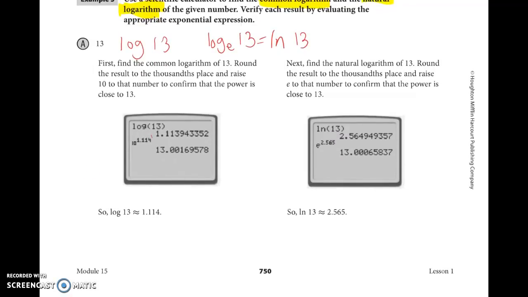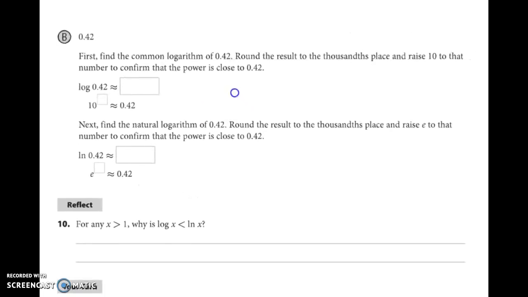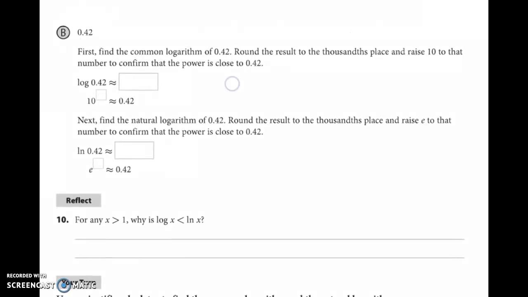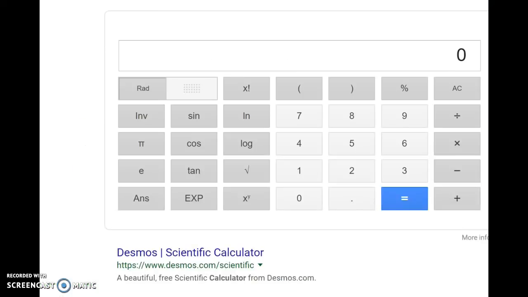Another example of this would be, let's try 0.42. So let's find the common log of 0.42, and I'm going to switch over. I don't have a calculator handy for you guys to see, but I'm going to do it here through the internet, and all I did was Google calculator.